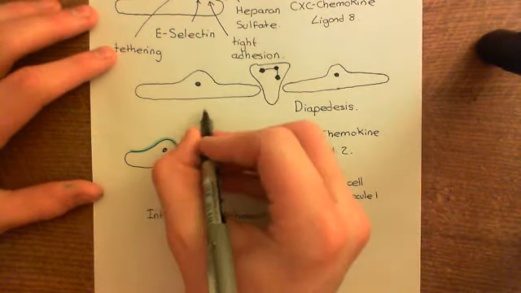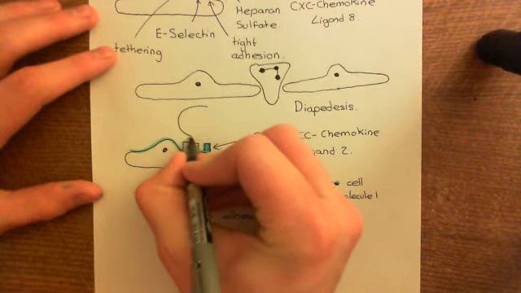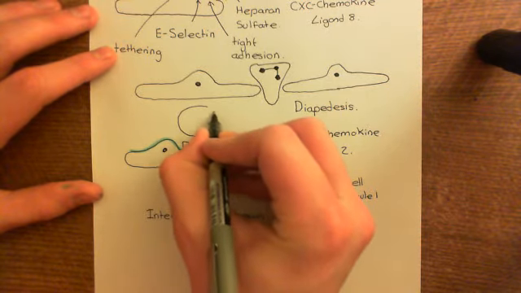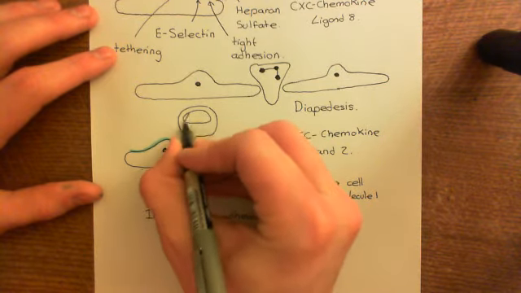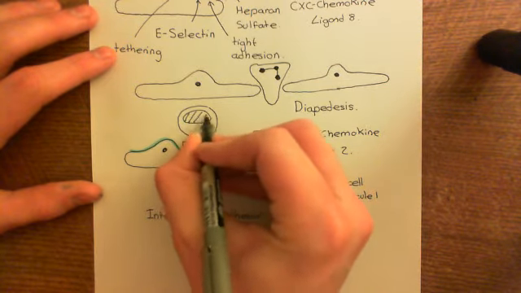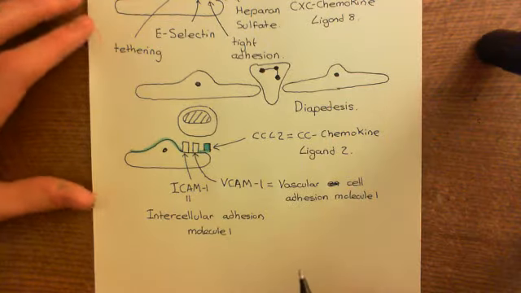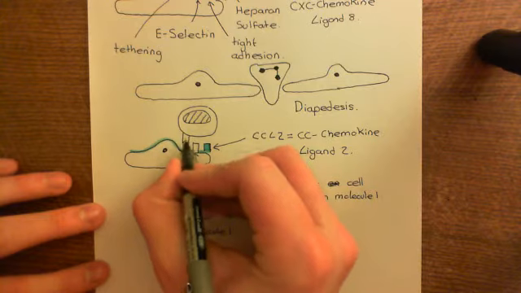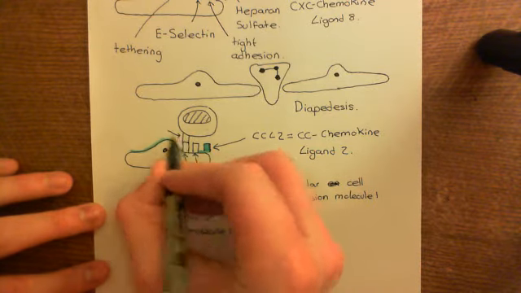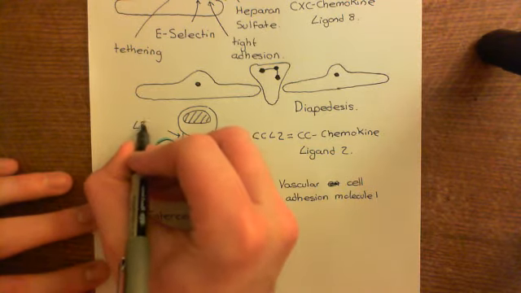Okay, so here will come our monocyte, and monocytes have a single, large nucleus here. And basically it will have ligands for these molecules that we've put on the surface of the endothelial cell. The ligand for ICAM1 is a protein known as LFA1.